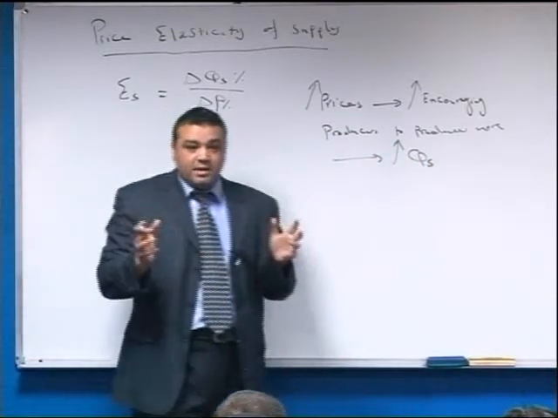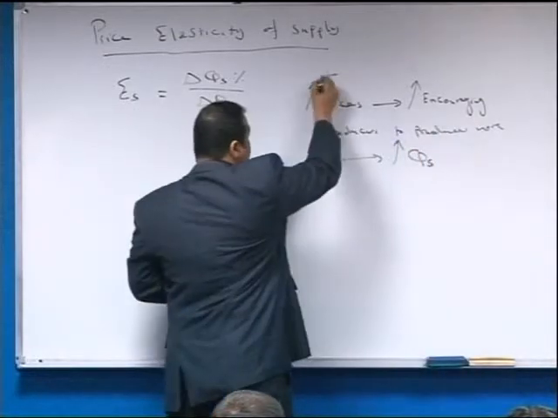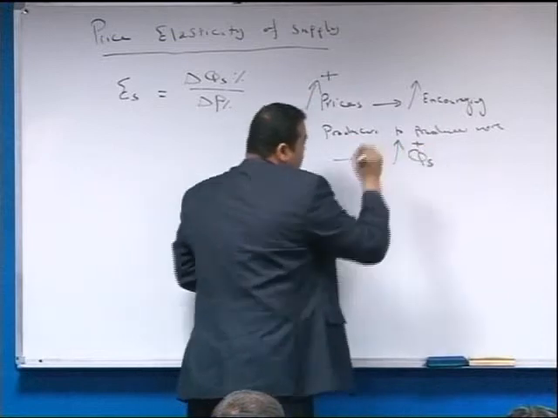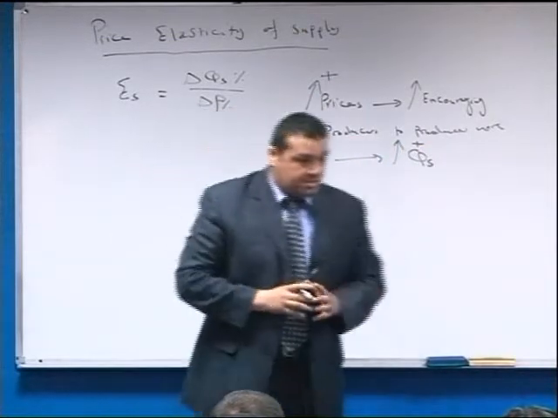So in general, there is a positive relationship between the prices and the quantity supplied. When the price increased, the quantity supplied would increase, right?